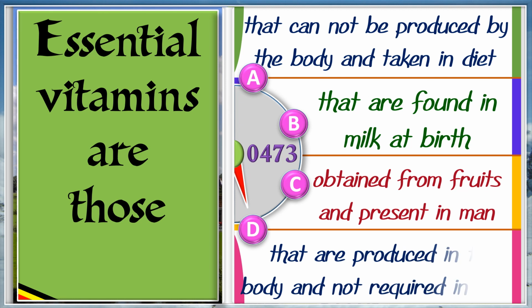D. that are produced in the body and not required in the diet. And the answer is A. that cannot be produced by the body and are taken in the diet.